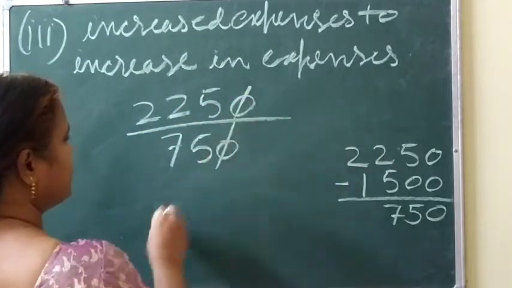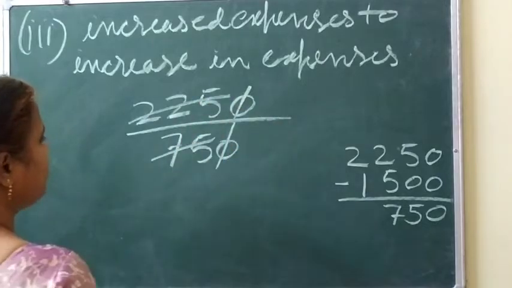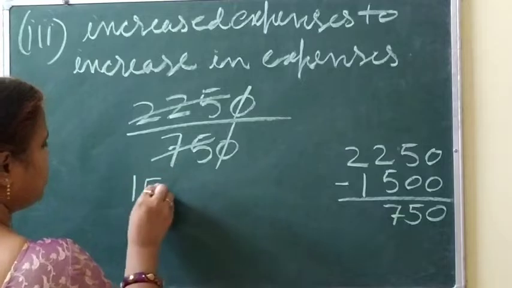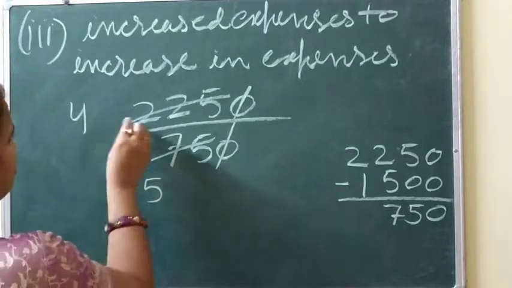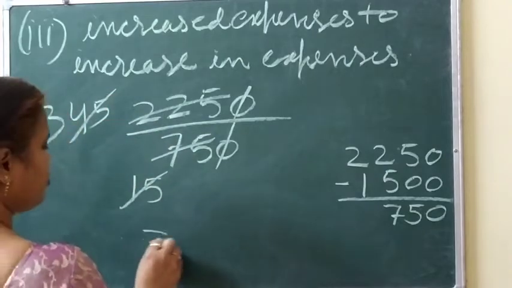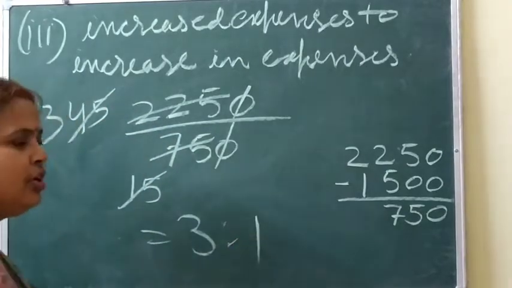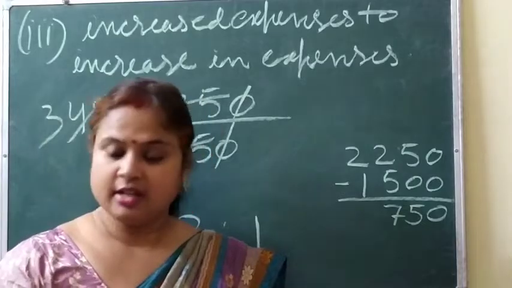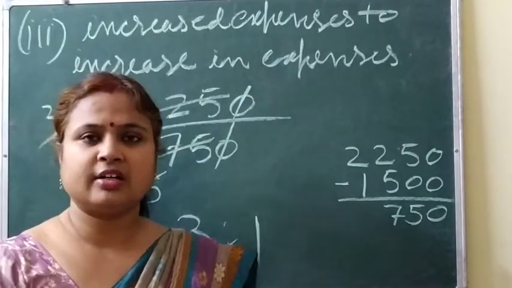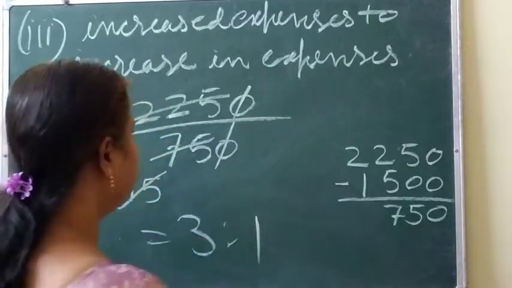So 0, 0 cancel. Then 5 1s are 5 and 2 here. So 5 4s are 20, 5 5s are 25. Then 3 times. And so the answer will be 3:1. Clear? So these are all 3 subparts of that question. Now let's do another one.